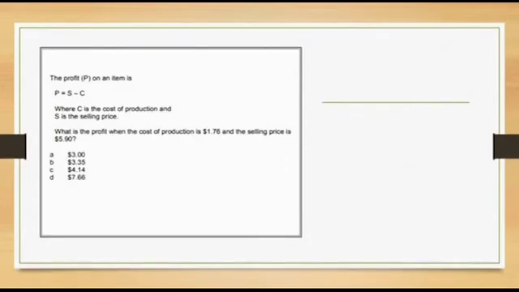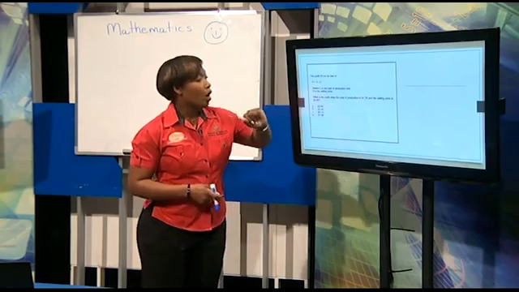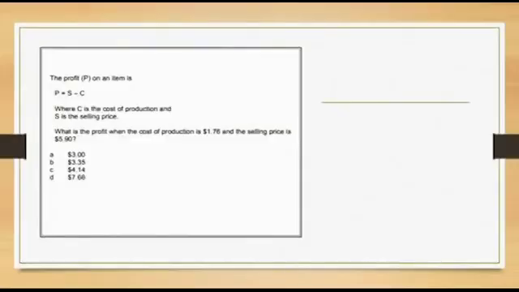The profit on an item is P equals S subtract C. Now you already know what S and C and P stand for. P is profit, S is selling price, and C is the cost of production. What is C here? $1.76 and the selling price is $5.90.